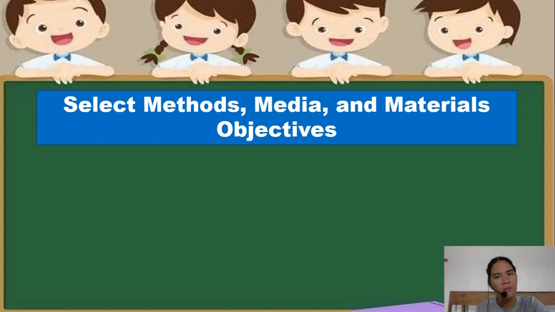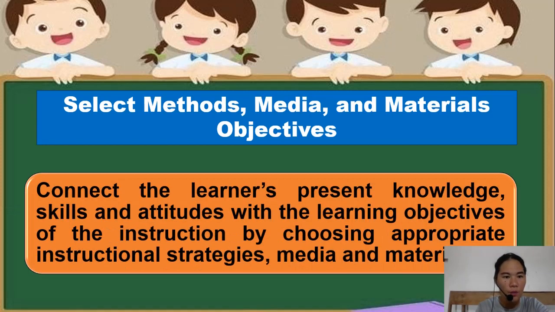Of course, what media is also involved in delivering our instruction, and materials. So we're going to connect the learner's present knowledge, skills, and attitude with the learning objectives of the instruction by choosing appropriate instructional strategies, media, and materials.